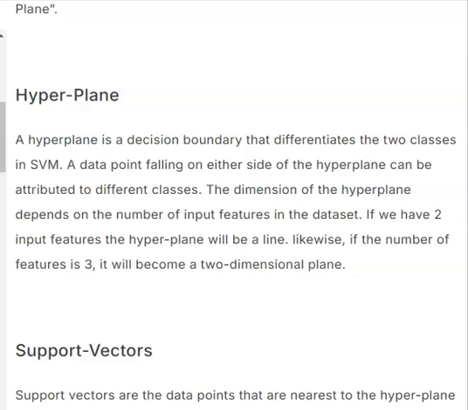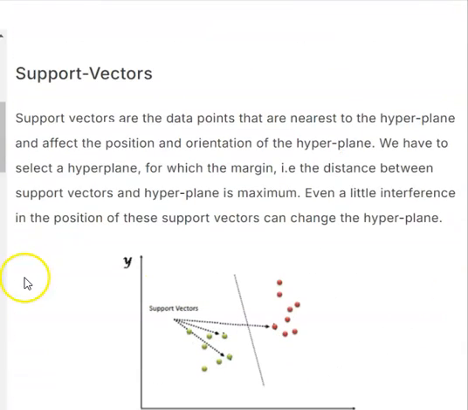If we have more than two dimensions, then we call it a hyperplane. So what are support vectors? All the data points are not equally important in support vector machine. The most important ones are support vectors, which are the points closer to the hyperplane, right?